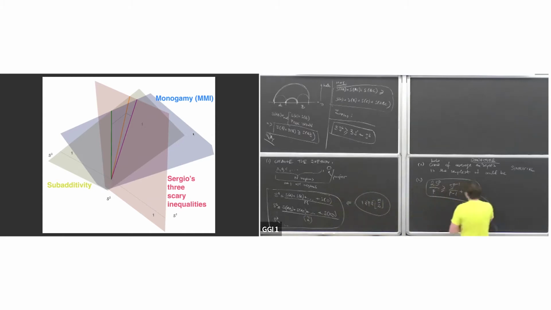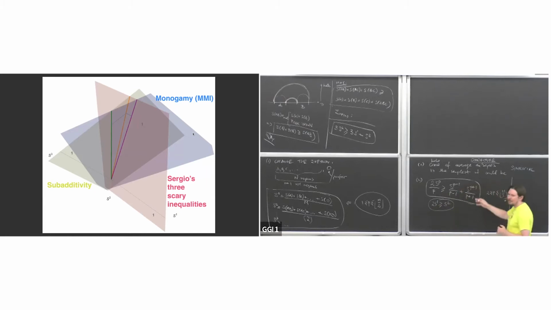This expression involves a p-1, so obviously it only makes sense when p is greater than or equal to 2. And so I need a special inequality which will complete this cone. The special inequality is just 2s1 is greater than or equal to s2, which comes from subadditivity. This one is not of the same form as this, but I will refer to them in this unified fashion. That's the symmetrization of subadditivity. That's the new things. Okay.